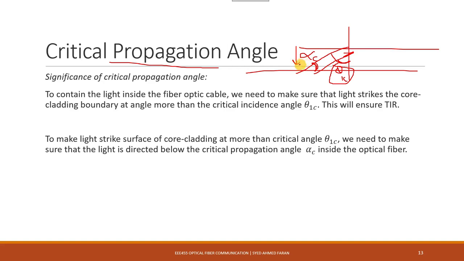If I ensure that, then it automatically means that the incident angle will be greater than the critical incident angle. So the criticality will be maintained if I just make sure that this angle is not violated. Then I will have total internal reflection. So this is how I can ensure it just by looking at my propagation angle.